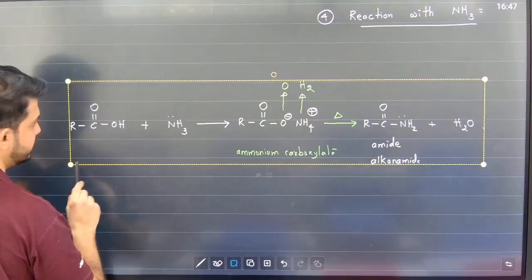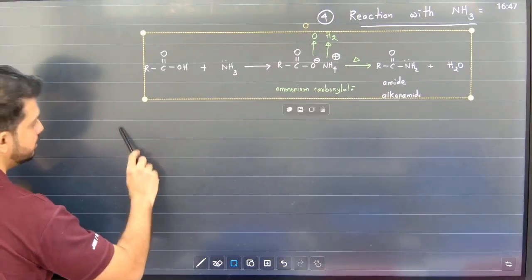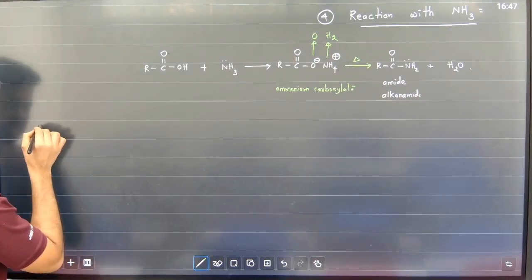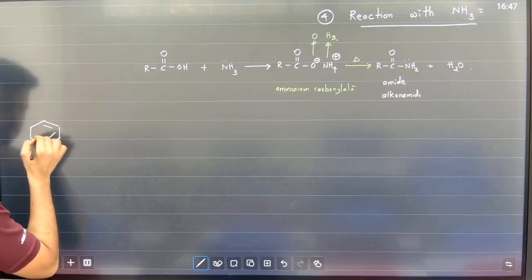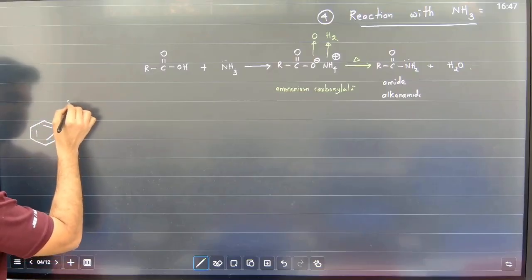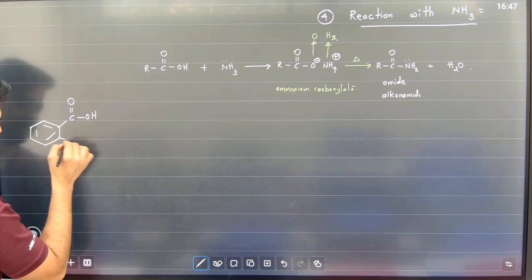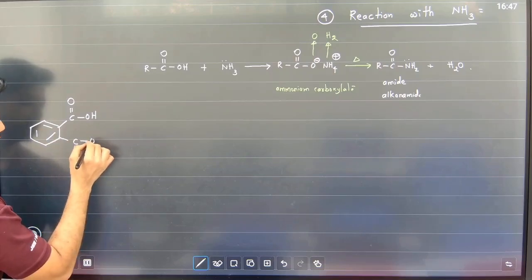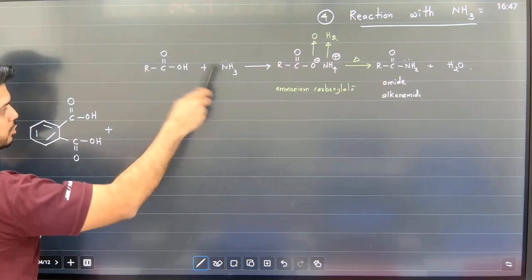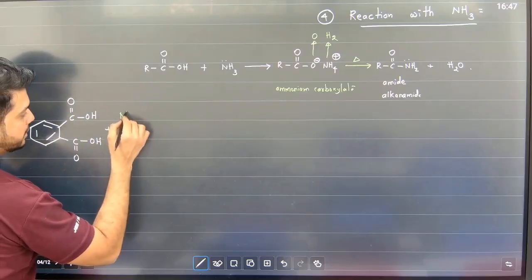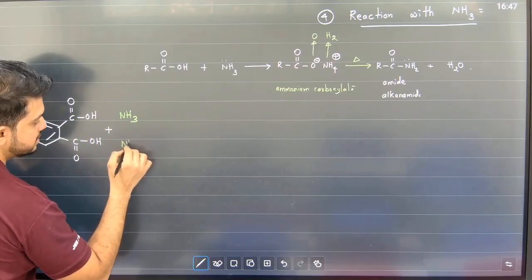Now let's do this reaction for phthalic acid. I repeat, इसे हम करते हैं for phthalic acid. So phthalic acid plus we need for one COOH एक अमोनिया, तो यहाँ पे हम ले लेंगे 2 NH3s.